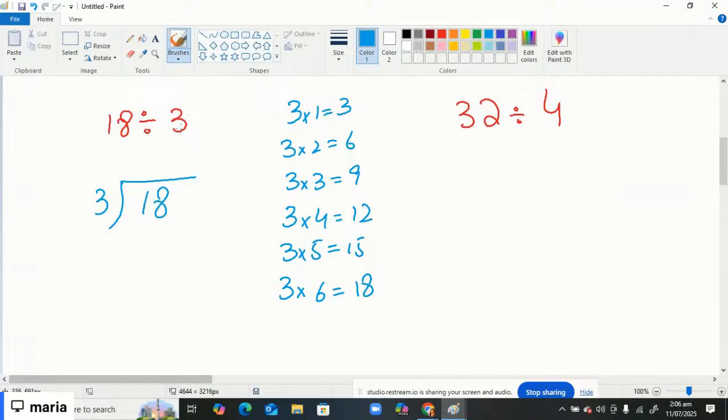When there are numbers like this, you write down the table. In this way it is easy for you to find it. Now 3 times which number is 18? 3 times 6 is 18. Now subtracting, 8 minus 8 is 0. 1 minus 1 is 0. So the answer is 6. Okay.